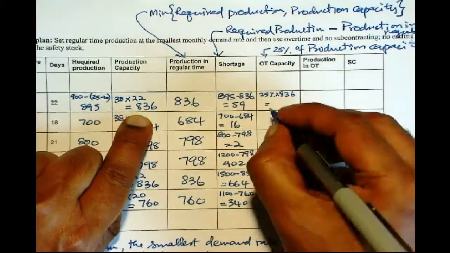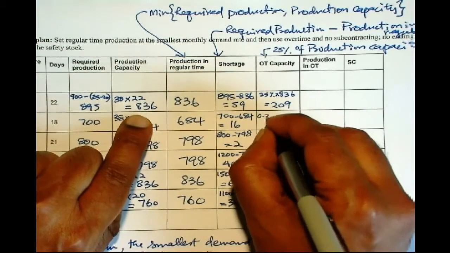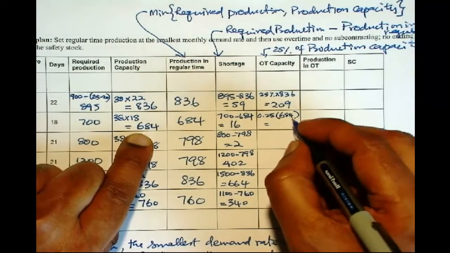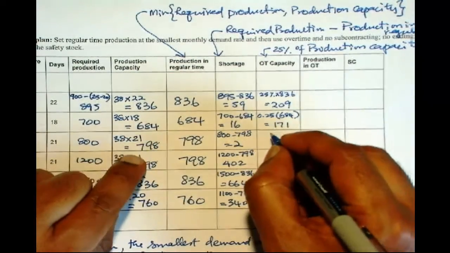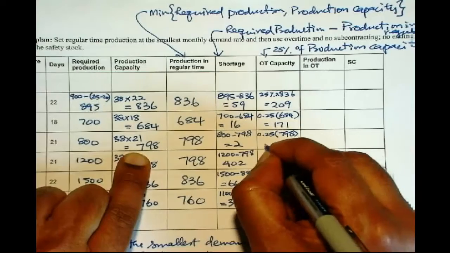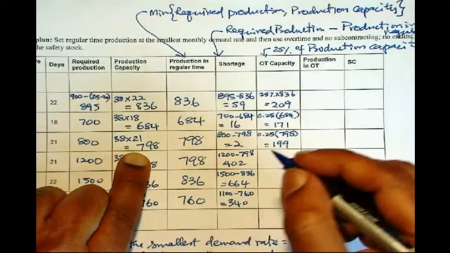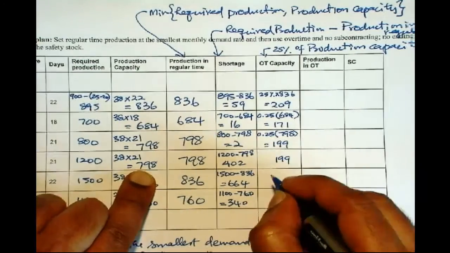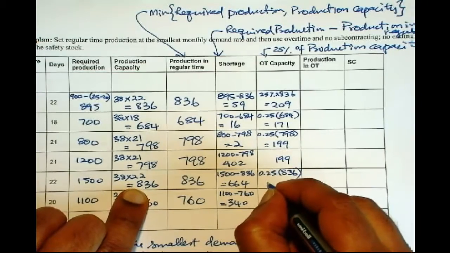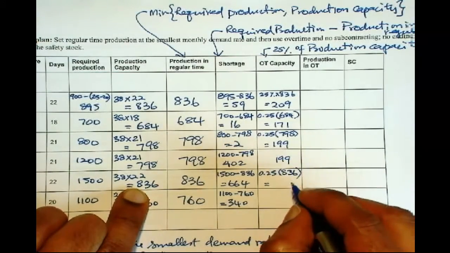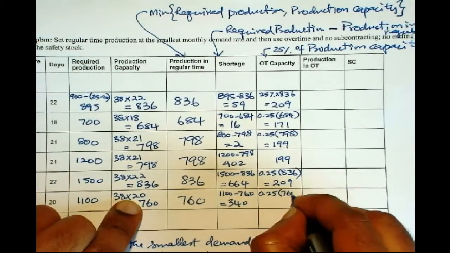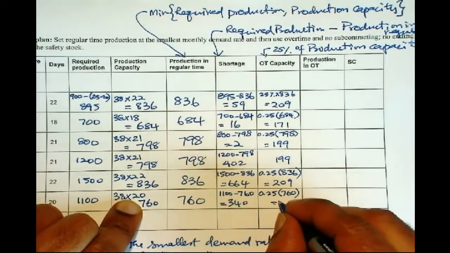Okay, so that will give you 209, or 0.25 times 684 is 171, and then 0.25 times 798 is, rounding it down, 199. So same 199 here also. So 0.25 times 836 is 209, and 760 is 190.